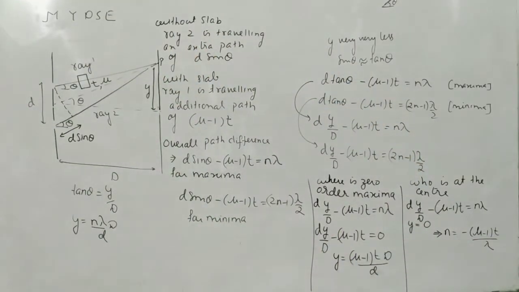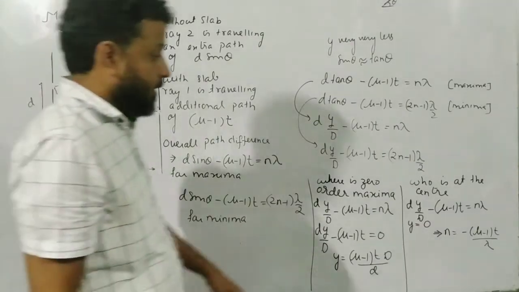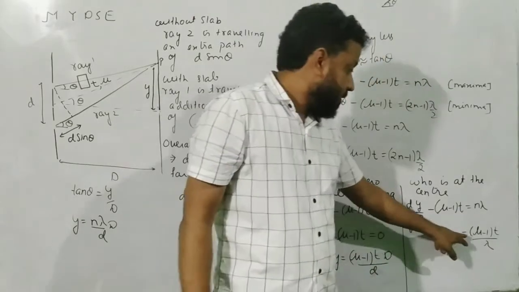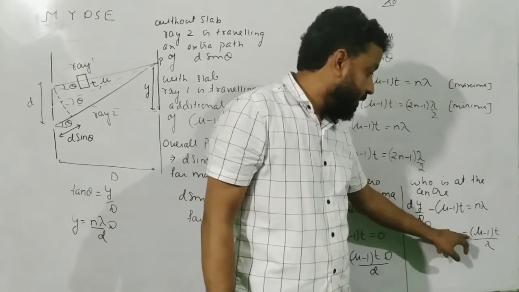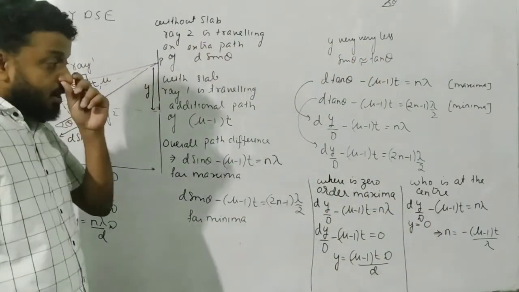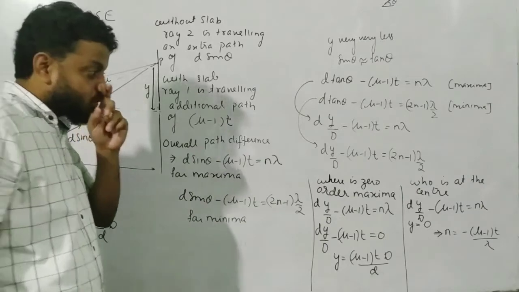What does it mean? This means that some negative order bright fringe, minus means negative order, has occupied the center of the screen. Now there is a catch over here.